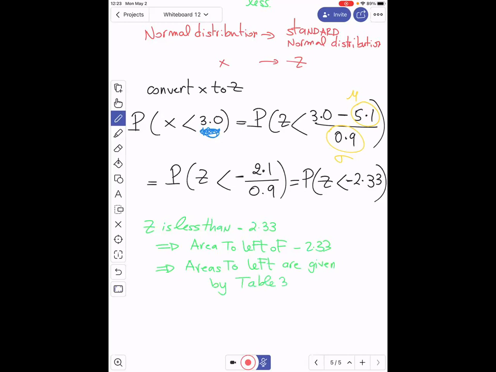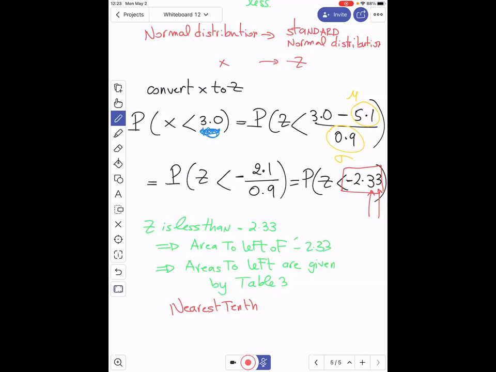All right, so our z is negative 2.33, right? Nearest 10th, it's negative 2.3, and nearest 100th, it's 3, right? The nearest 10th is the first digit after the decimal point, which is 3.